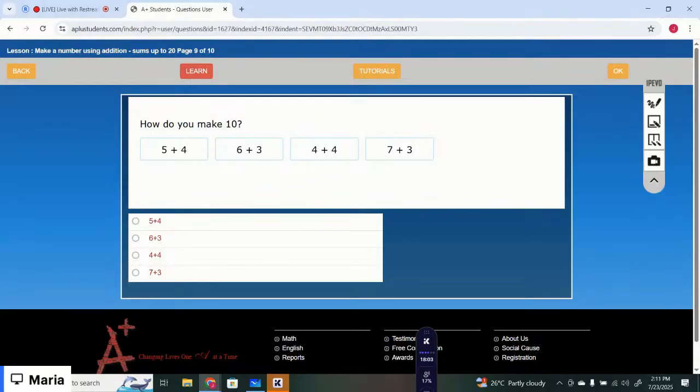How do you make 10? Which is the correct option? That is 7 plus 3. Option number 4 is the correct option.